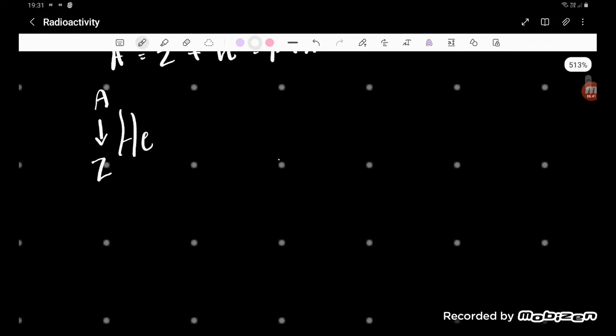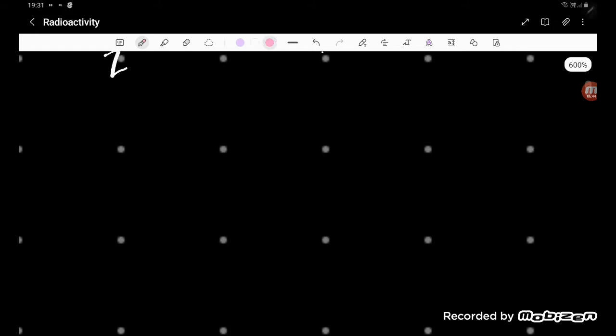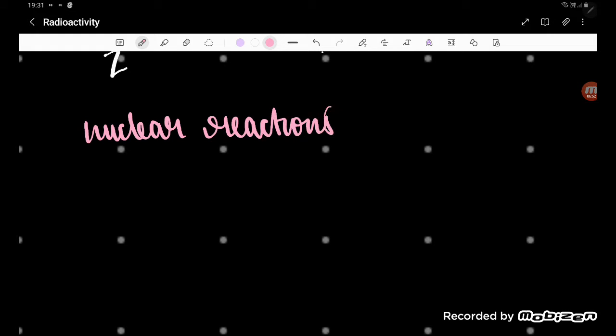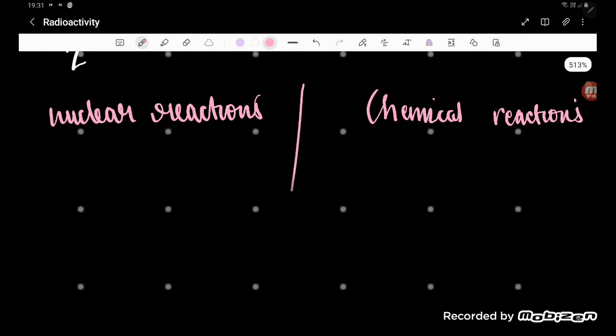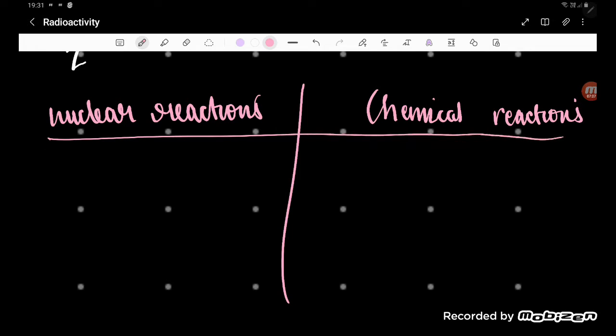Now, what's the difference between nuclear reactions and chemical reactions? If you had to differentiate these, here are a few points.